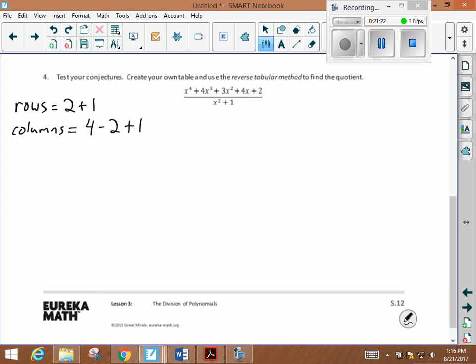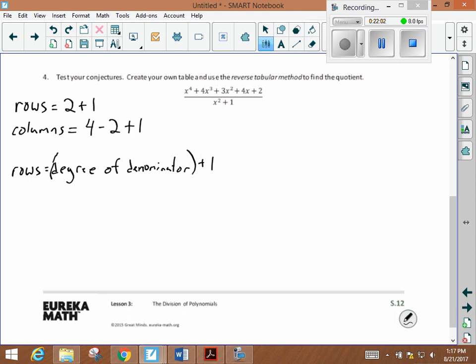All right, and I'm going to actually write that out for you guys. So rows is going to be degree of, I'm going to write denominator instead of divisor. So degree of denominator, that's one quantity, plus 1. Okay?